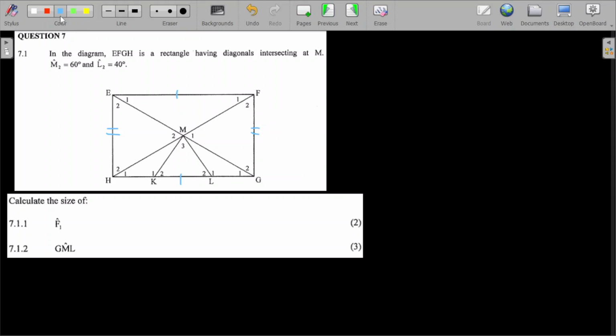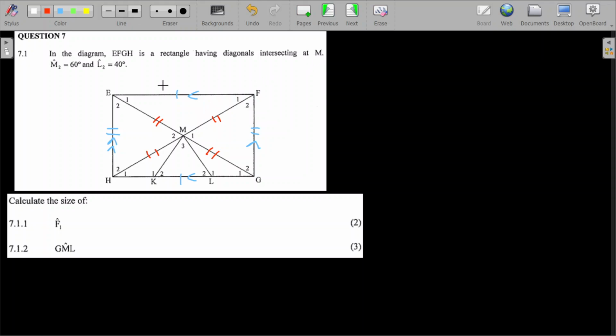Again, this side is parallel to this side, and this side here is parallel to that side, according to the properties. And again, the diagonal lines are equal, meaning this one is equal to that one, and all of them are equal.